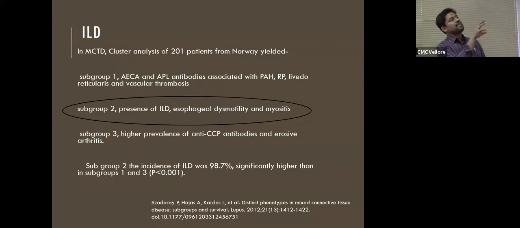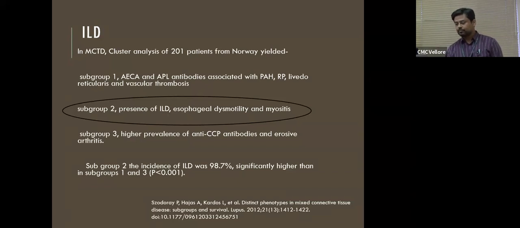The second group is one where more than 98% had lung disease. These people had esophageal dysmotility and myositis. The third group had severe aggressive arthritis, where anti-CCP antibodies were positive, with more of an RA phenotype. So subgroup 2 is the one where you should be looking at more aggressive lung management.